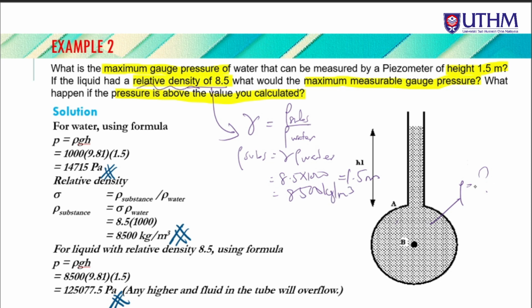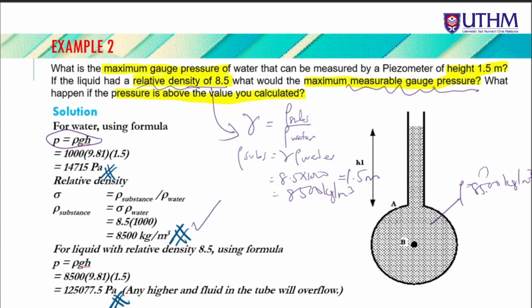So this one is 8500 kilogram per meter cube. Actually kat sini dia dah mention jugalah, saya terkedepan pula. That could be the maximum, dia nak cari maximum measurable gauge pressure if let's say the density is something like this. So basically kita guna rumus yang sama je, P equals to rho g h.